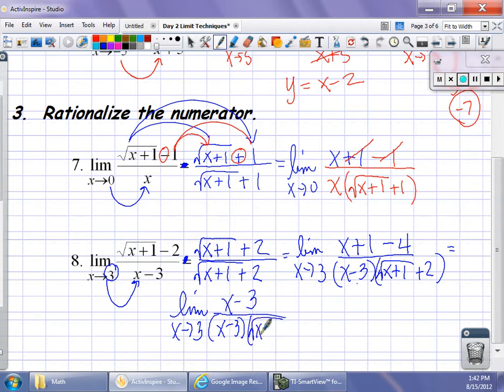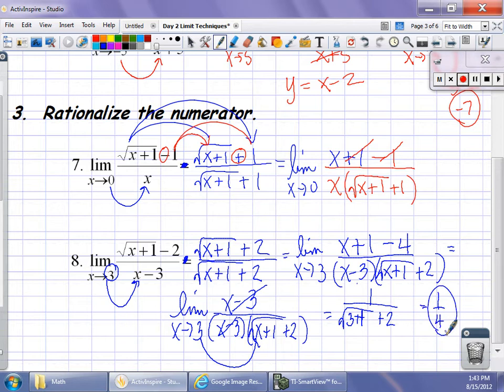I'm manipulating this algebraically. The x minus 3's divide out, and I can substitute the 3 in, which would give me 1 over square root of 3 plus 1 plus 2. 3 plus 1 is 4. Square root of 4 is 2, plus 2 is 4.